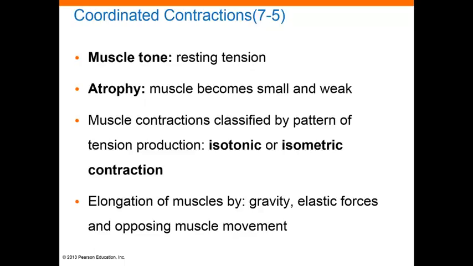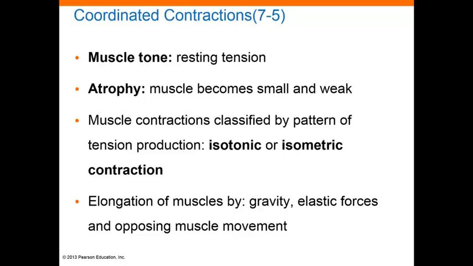Compare that to the muscle contraction you would experience if you're pushing against the wall. That's an isometric contraction. The whole muscle length stays the same, because when you push on the wall, nothing's going to happen. But the tension that you're producing is still increasing. It doesn't exceed the load, but you can still increase your tension. Your muscle length stays the same. So that's isometric contraction.